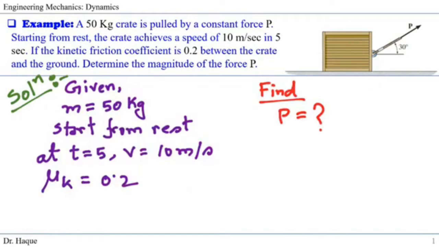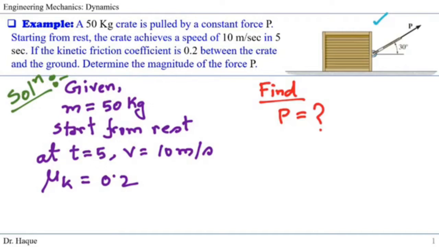The first step is to clearly understand the problem and find out what is given and what I'm looking for. This problem says a 50 kilogram crate is pulled by a constant force P. We can see in the image it is pulled by P towards the right.